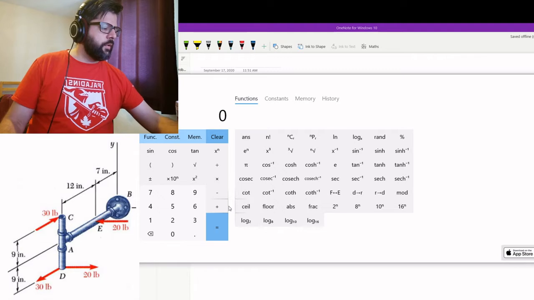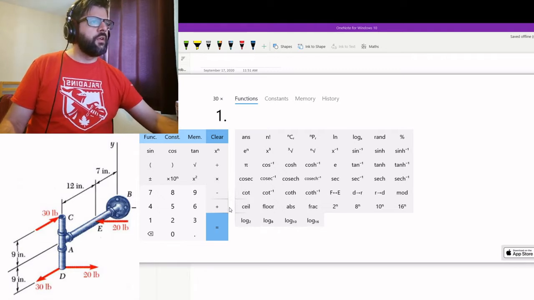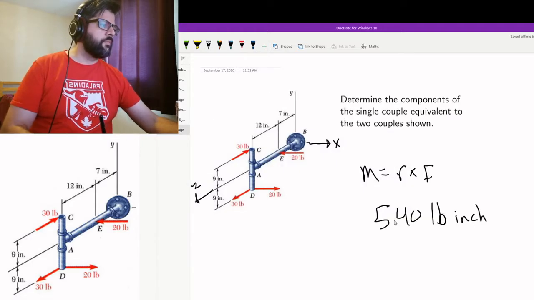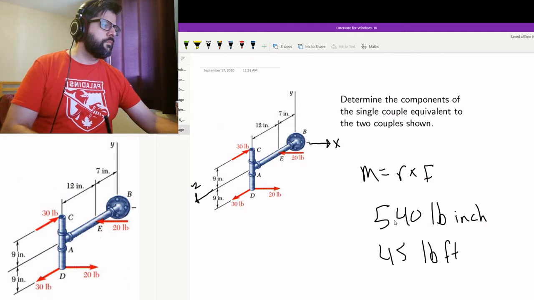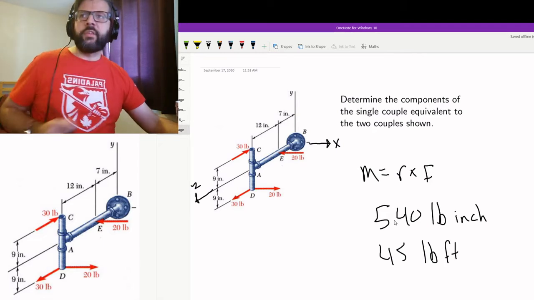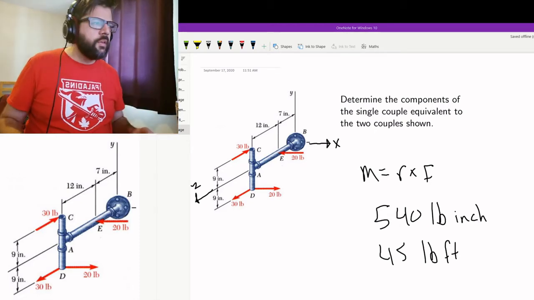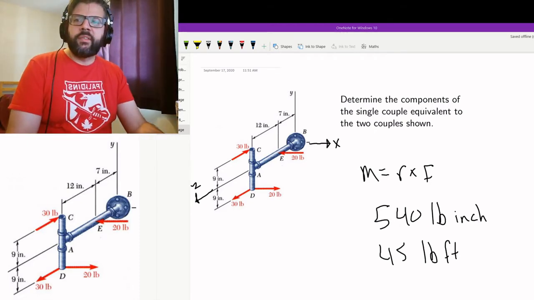Or if we want to go for pound-feet, 45. Let's use pound-feet, just because it's usually easier numbers to work with. So we need to define basically the directionality of that.